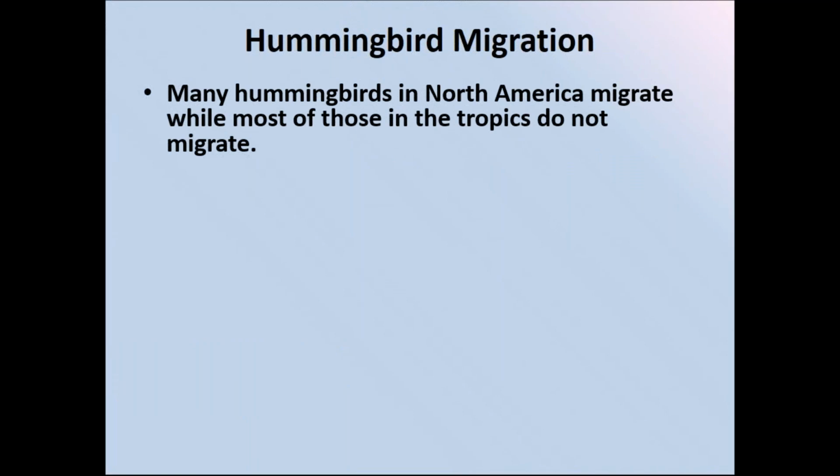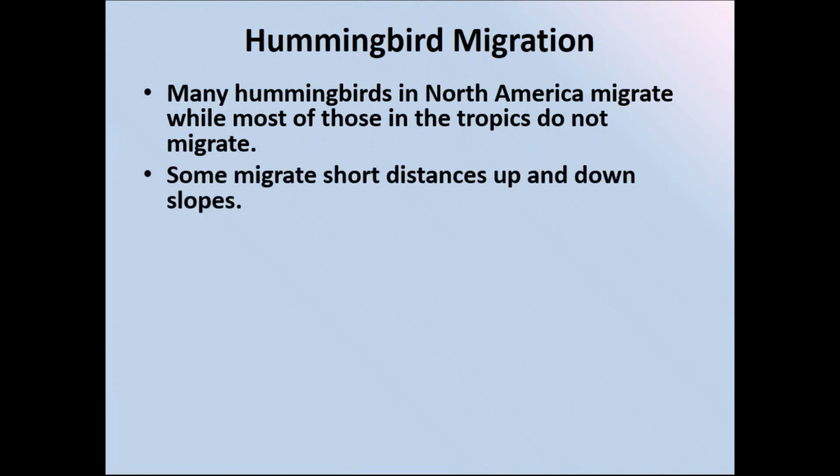Now, hummingbirds migrate too, at least ours do. The ones in the tropics don't, because they don't have to. Why would they want to leave? They've got all the food they need year round. But our hummingbirds here in North America, of course, have to deal with winter weather and no flowers. And so they need to leave certain regions when the weather changes.